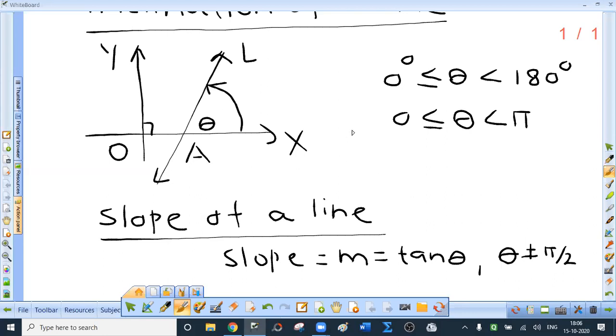We will discuss that. What is the inclination of x-axis or a line parallel to x-axis? 0 degree. So what is the slope of x-axis or a line parallel to x-axis? It is nothing but tan 0 degree, which is 0. What is the inclination of y-axis? 90 degrees. So what is the slope of y-axis? Tan 90 degrees, which is not defined.